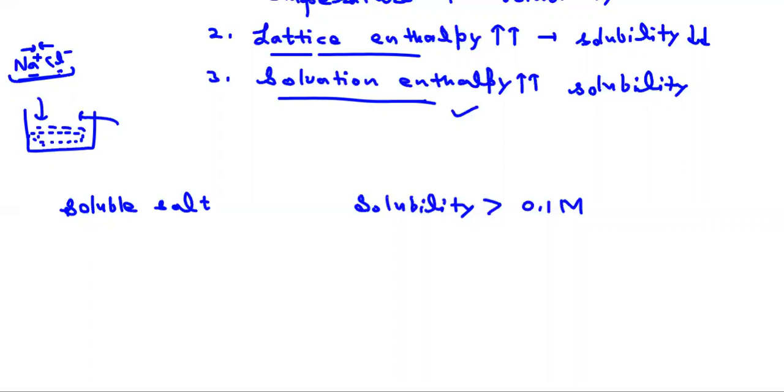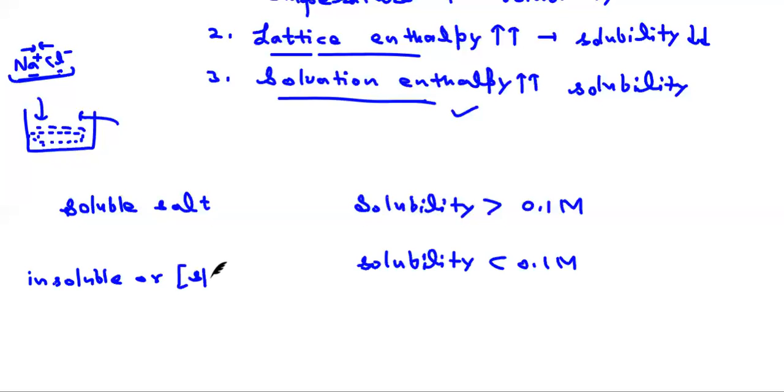But if the solubility is less than 0.1 molar, then it is not going to get dissolved, or you can say it would be a very sparingly soluble salt. It may be insoluble or very sparingly soluble.